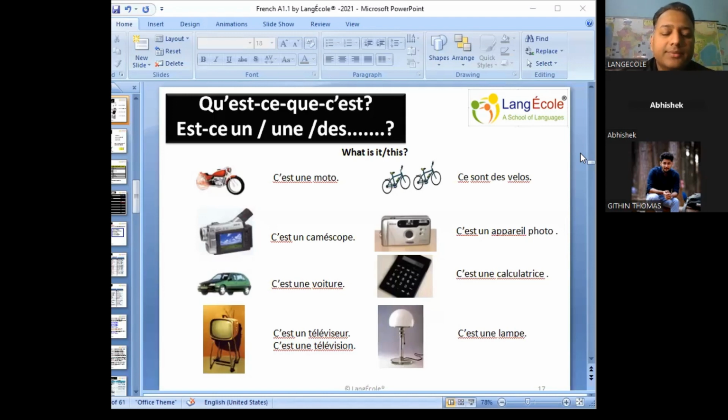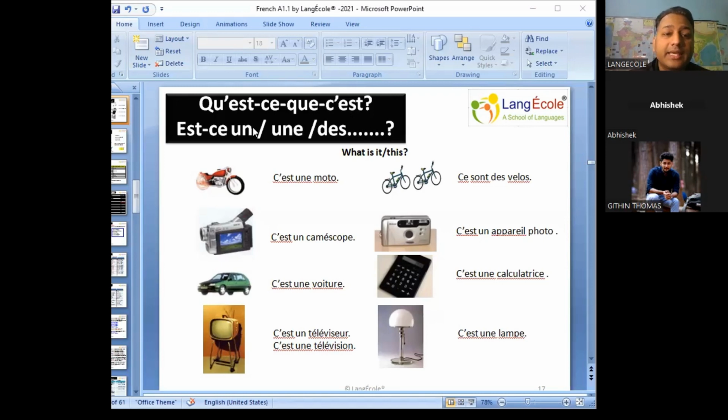Bonjour and welcome back. So today we will learn, using what we have learned yesterday, how articles are used in a sentence, along with the nouns, right? There are two very initial level questions that you will find in French.